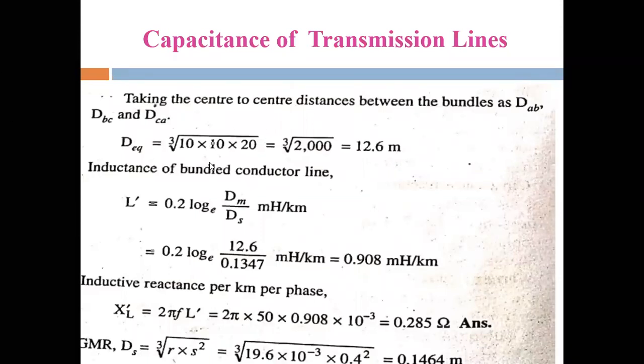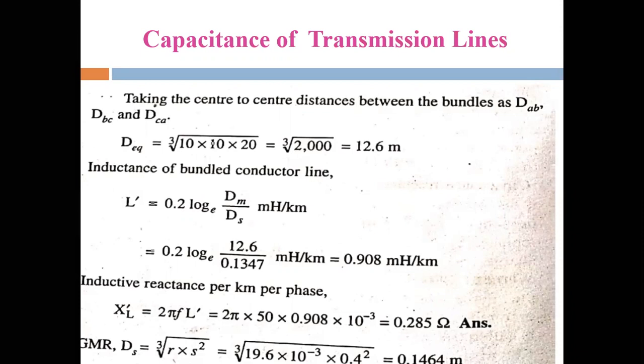Then we calculate the inductance of a bundled conductor line. The inductance L is equal to 0.2 ln(Dm/Ds).